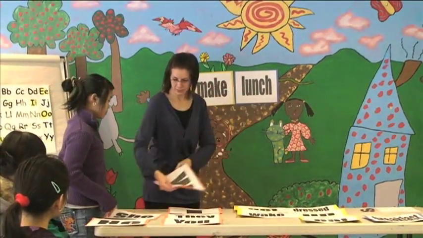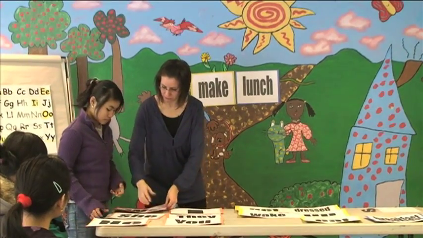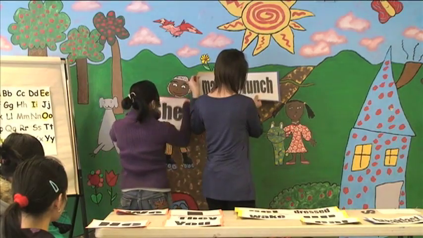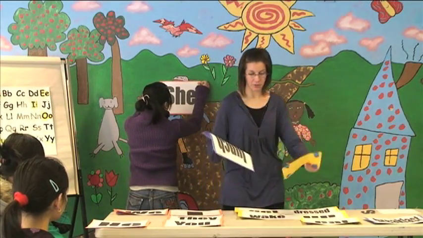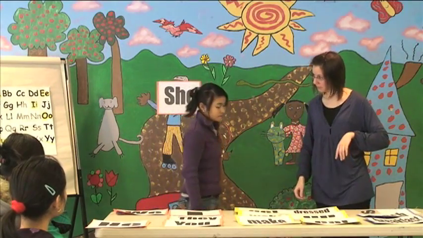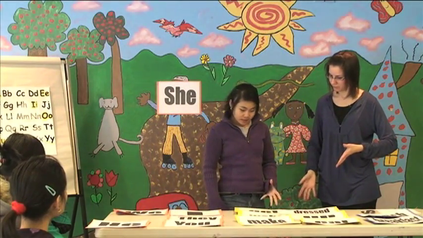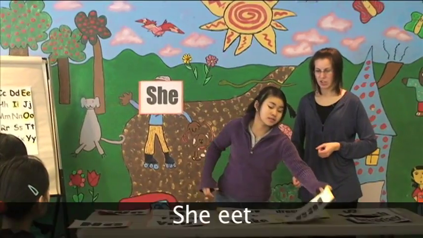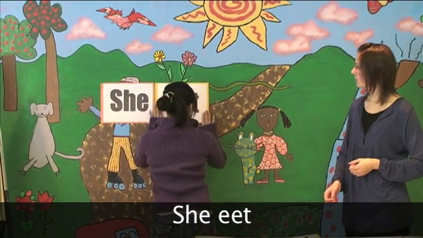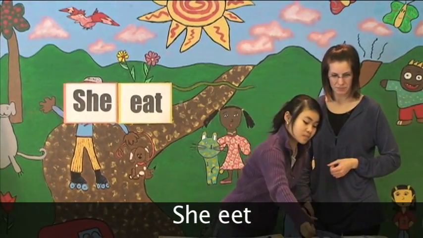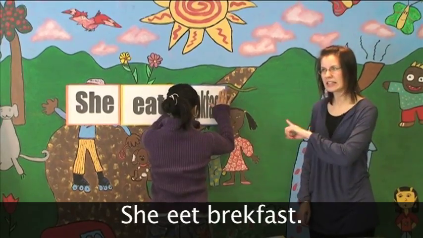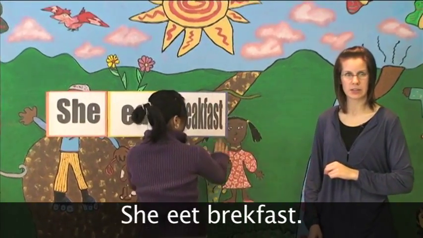We did we, so you choose she, okay? And a different verb. She, she eat breakfast. She eat breakfast. Is this sentence okay?